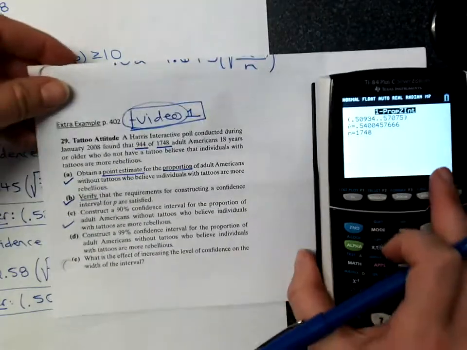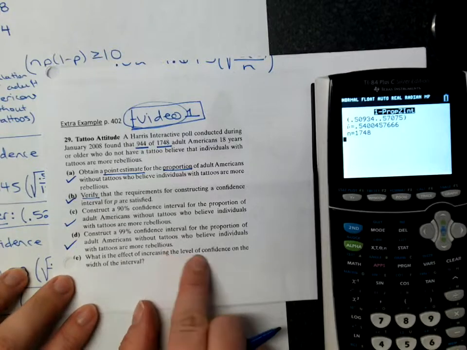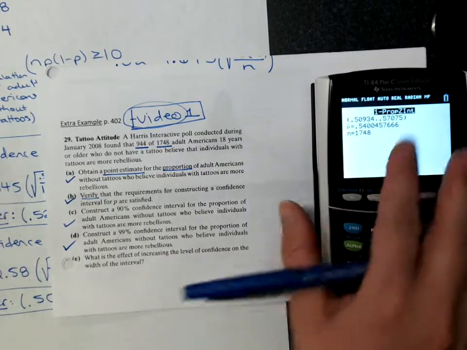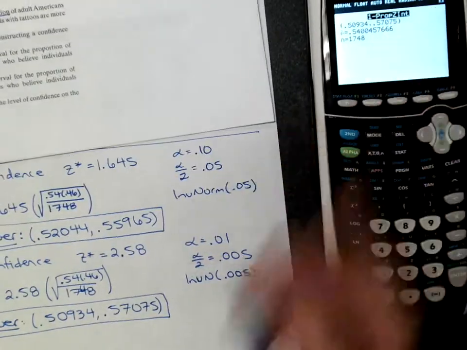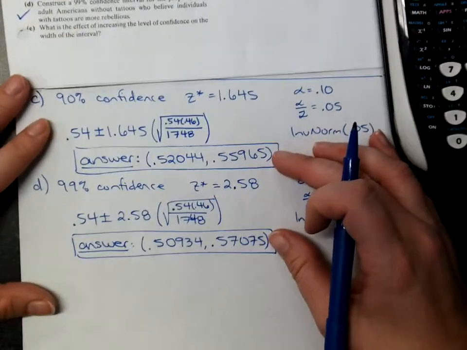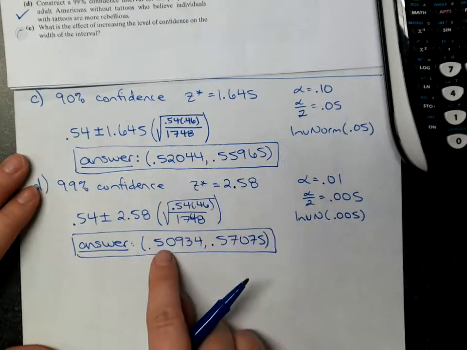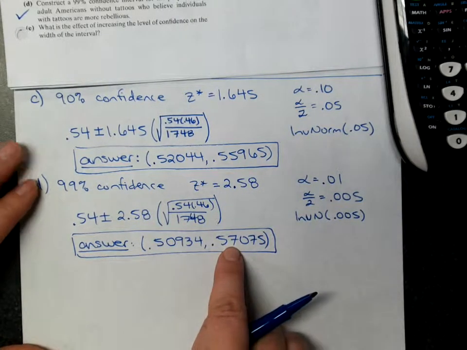And then part E, what is the effect of increasing the level of confidence on the width of the interval? So, what we see here, here's our two intervals. This is about 52% to 56%. This is about 51% to 57%.